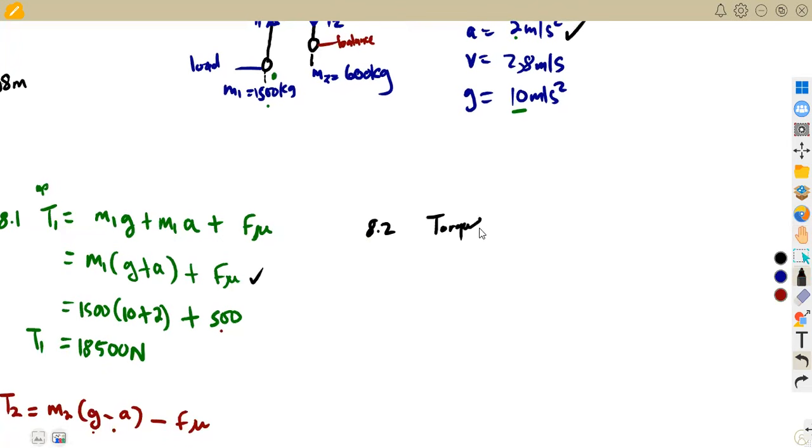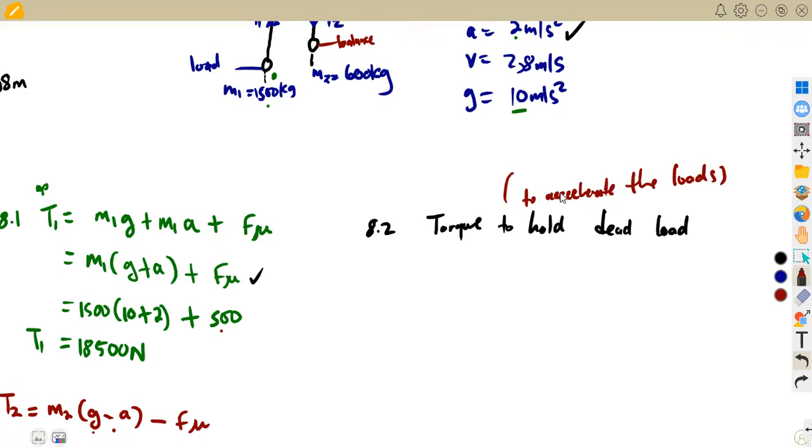We are going to start with the torque to accelerate the load in this case, that is to hold the dead load, and the one to accelerate the loads in this case.